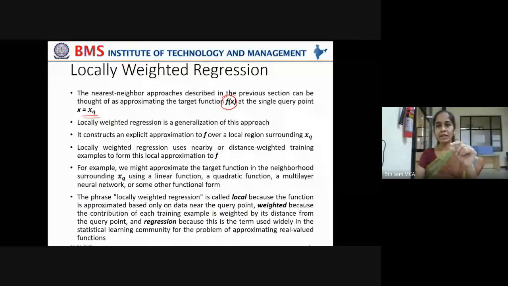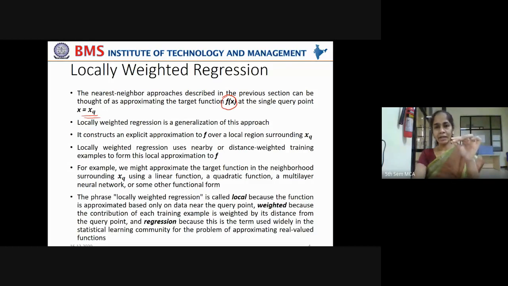The approximation of the target function happens only with respect to this single query point. Query point means new data instance. In this class, if I use query point, it is nothing but the new data point or the new instance that has to be classified or predicted.